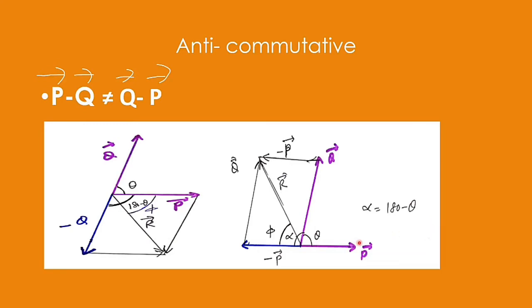So you have to see that it is anti-commutative or non-commutative. It means p vector minus q vector is not equal to q minus p, because when we are talking about vectors, we are not only talking about magnitudes, as the magnitudes are the same, but we have to talk about the direction also. Direction also needs to be the same, then only we will say it is equal, not otherwise. So the sign of inequality you have to put over here.